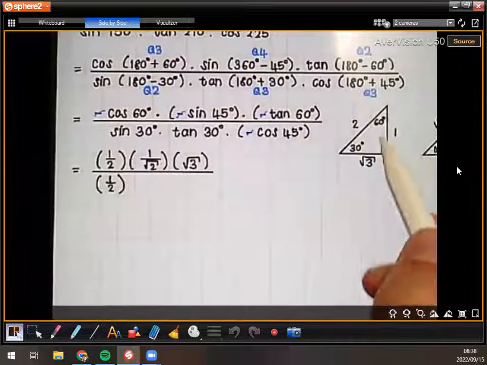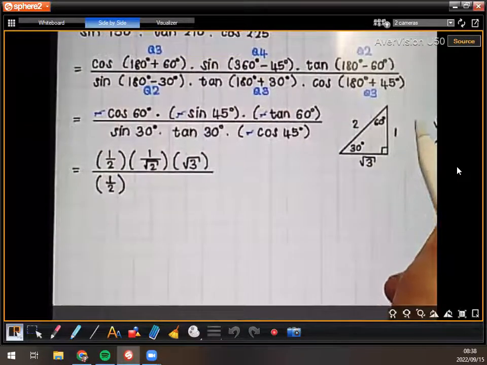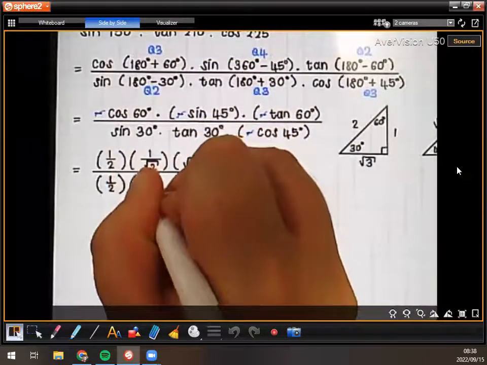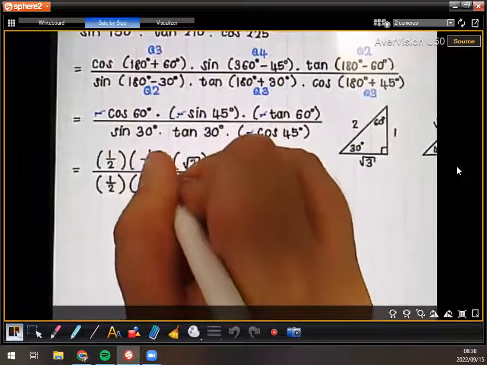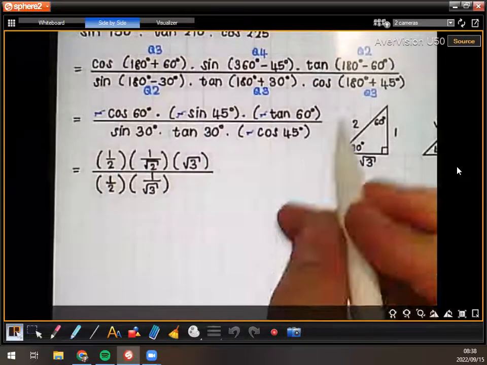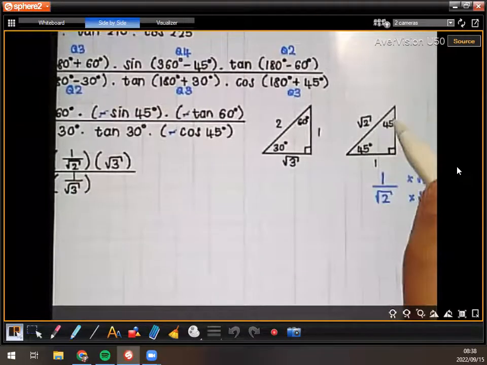Let's do tan 30. Tan is opposite over adjacent, right? So now it's going to be 1/√3. And then the last one, cos 45. If you look at either one of these two 45-degree angles, it doesn't matter, you'll get the same answer.